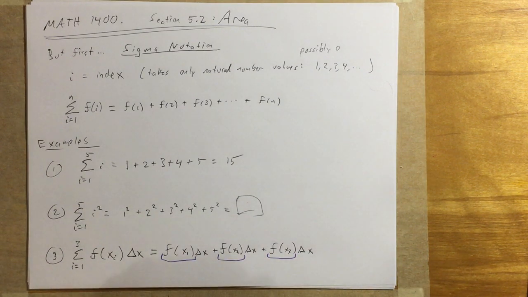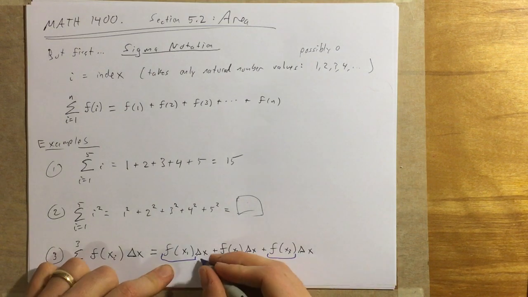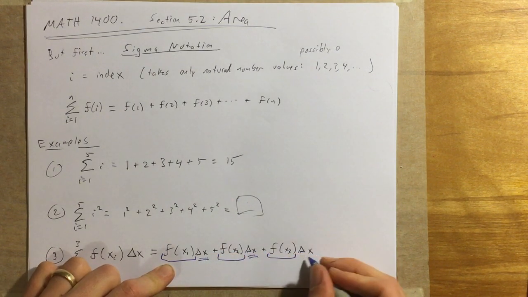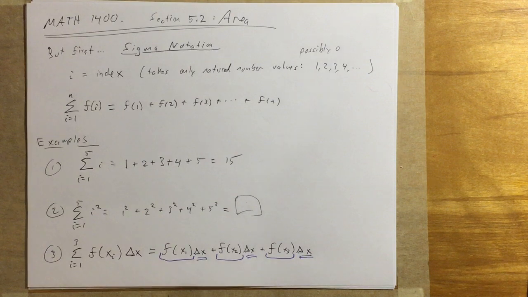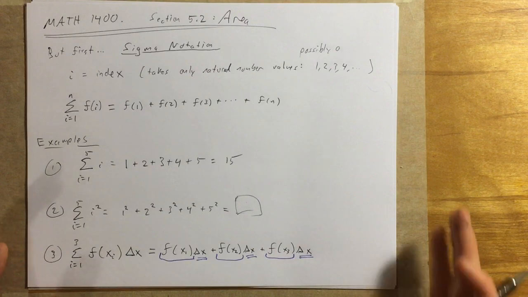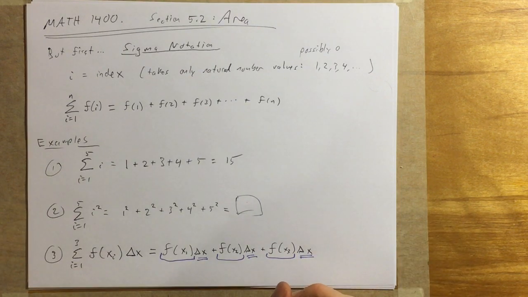You may also be able to figure out the value of delta x, and then multiply each of them by delta x individually and add them up. Or you could just factor out the delta x, add up all your function outputs, and then multiply the entire sum by delta x, and that would be fine. So I hope this looks kind of familiar, because we did do this back near the beginning of chapter 2.